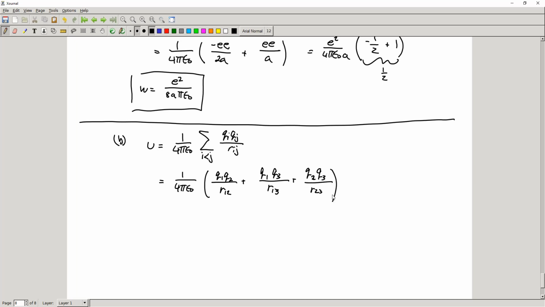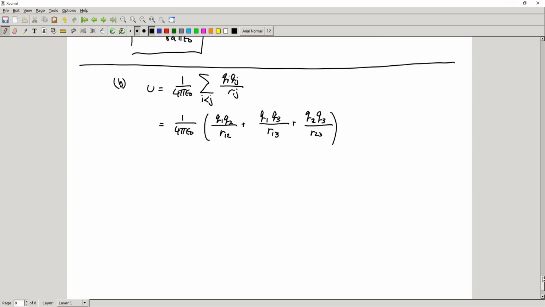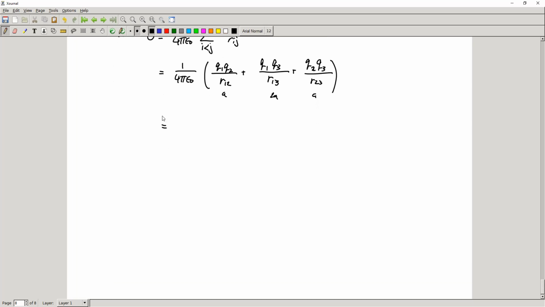Okay, those are all the possible pairings without double counting or without counting with itself, right? And so this is pretty simple now. We can just clean this up again. All these R's will have values in terms of A, so the distance from 1 to 2 is just A. This one is just 2A, this one is just A, and so forth.